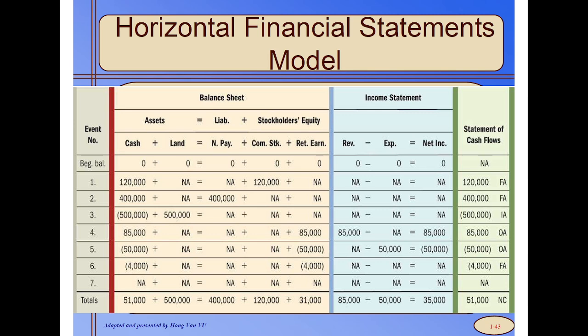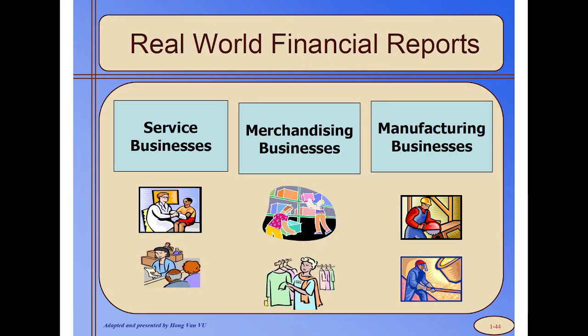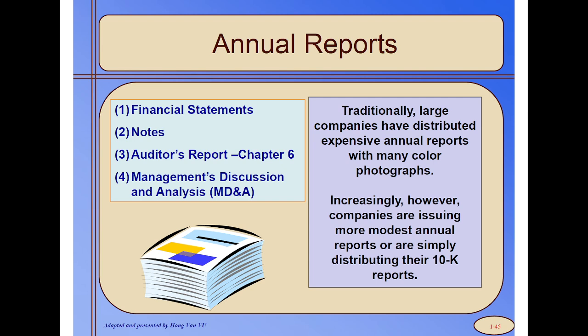The best way to learn accounting is to use this. I encourage you to look at the annual report of some real company like Apple or Amazon to see if you can identify the concepts we discussed today, right? So you get the financial statements, the notes, the audit report, etc.